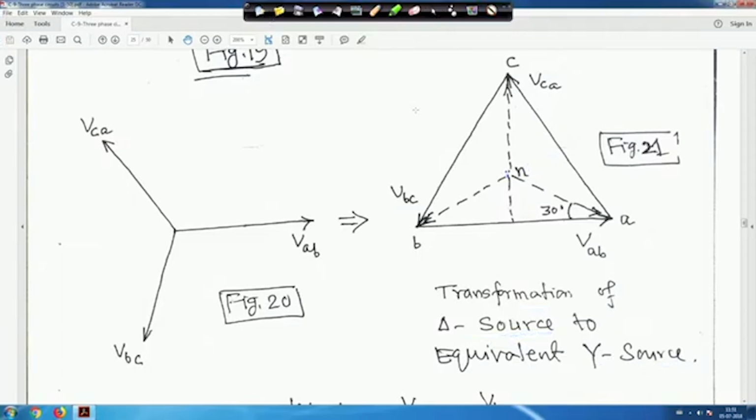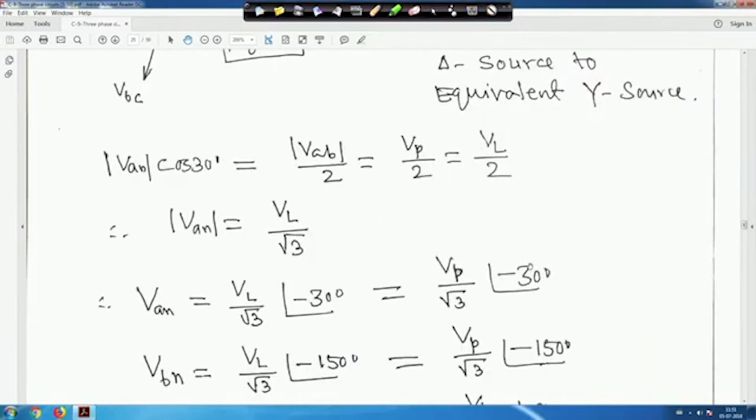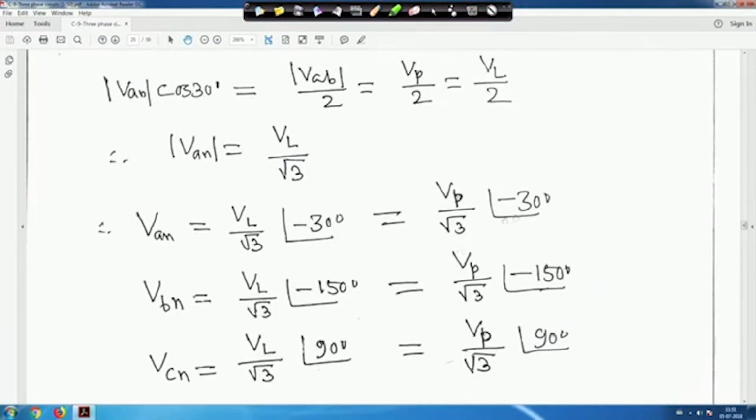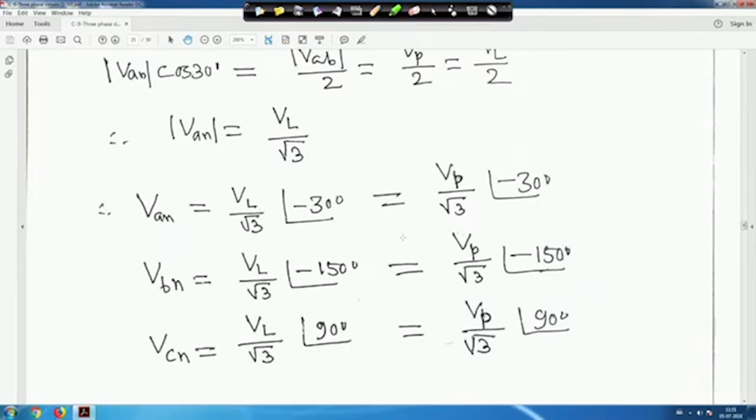So this is all this relationship, and one thing to note is that the angle difference between these voltages should be 120 degrees. This we have all seen. VL is equal to VP, in the delta case line voltage is equal to phase voltage.